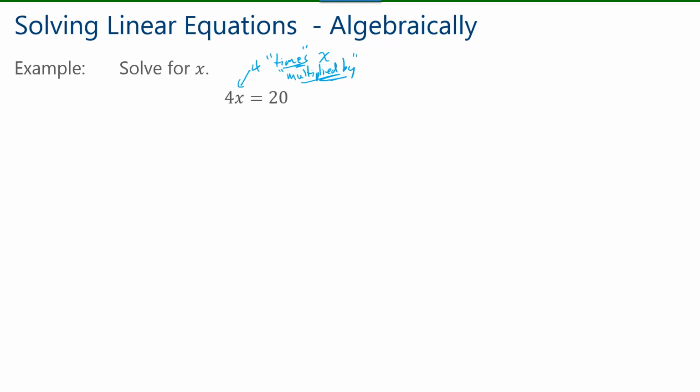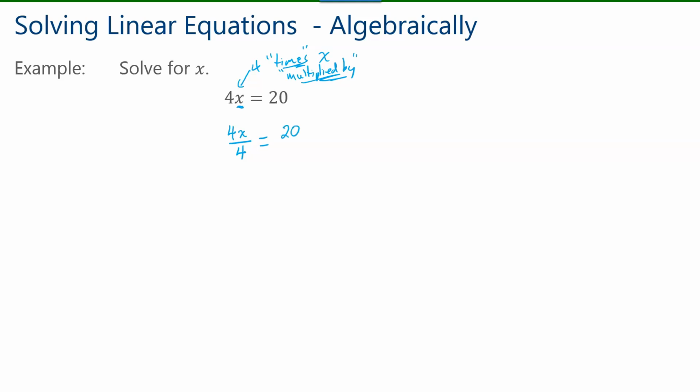In order to get our variable x all by itself, we have to do the opposite to multiplication, the opposite to times, and the opposite is division. So I take my 4x and I divide by 4. Instead of 4 times, I go divided by 4.